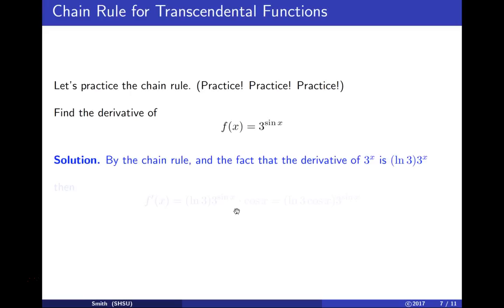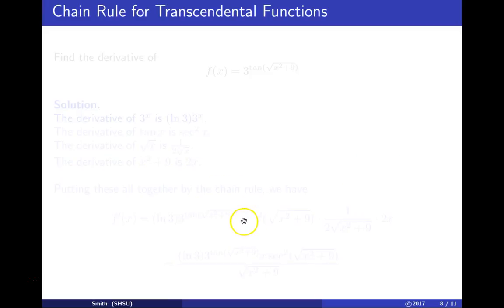By the chain rule, and the fact that the derivative of the exponential function 3 to the x is the natural log of 3 times 3 to the x, we know that the derivative of this function is natural log of 3 times 3 to the, well, that's a sine x, not an x, so we have to multiply by the derivative of sine x, so we get this answer. Again, if you know the derivative of 3 to some power is natural log of 3 times 3 to that power, if that power is not an x, you have to multiply by its derivative.